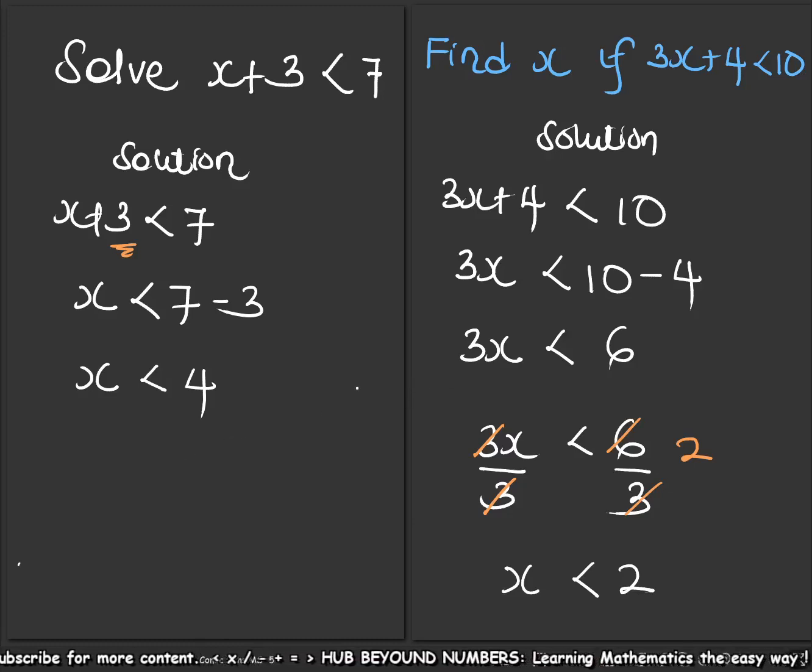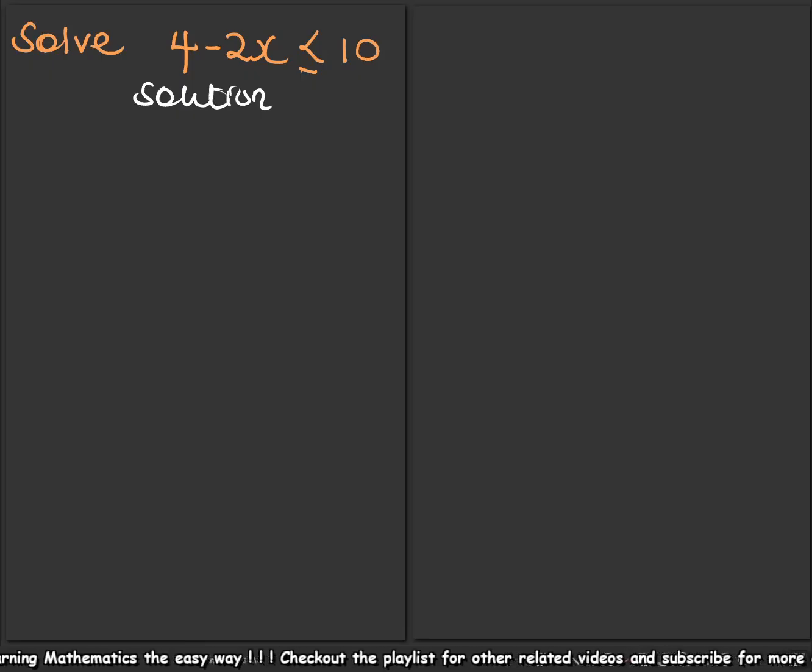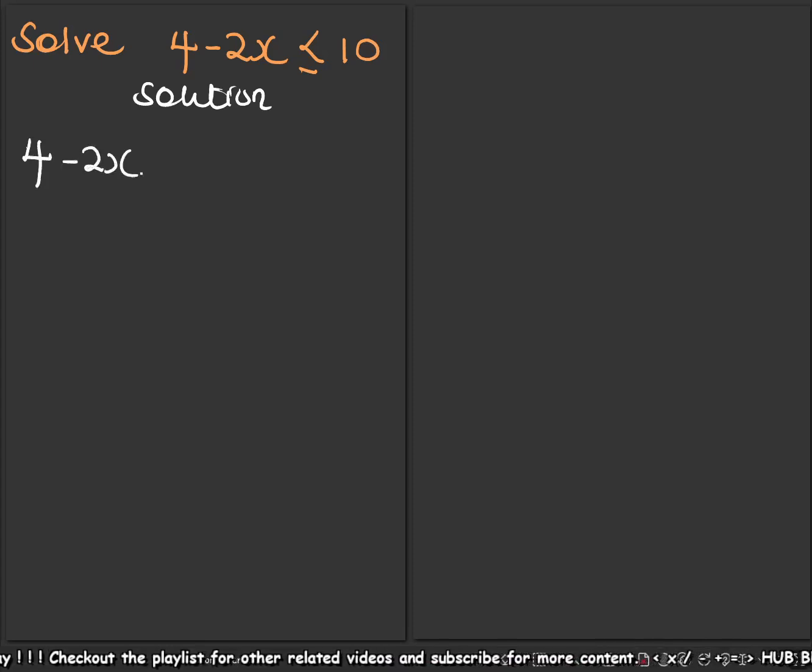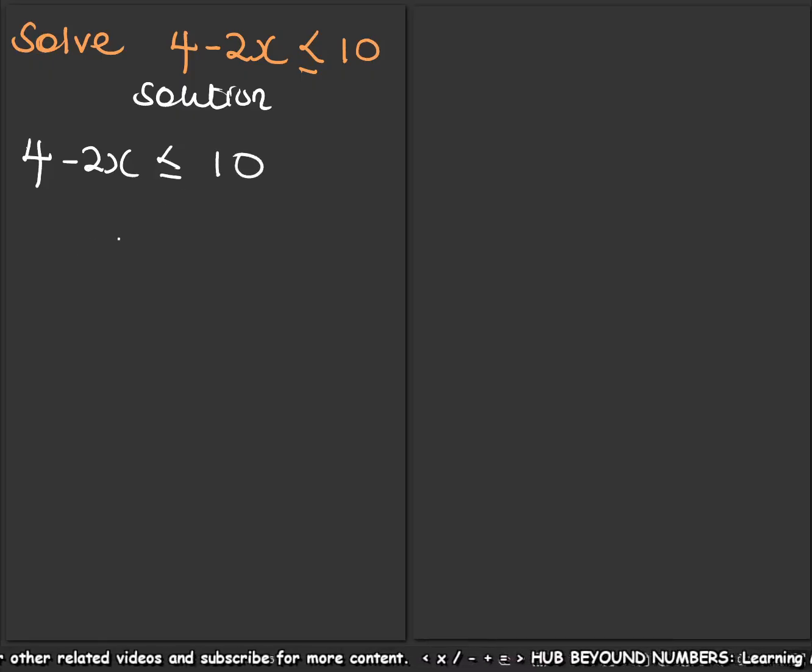Now, let's try those that would require us to change symbols. Over here we have to solve for 4 minus 2x is less than or equal to 10. With the same procedure, we are trying to isolate our x.